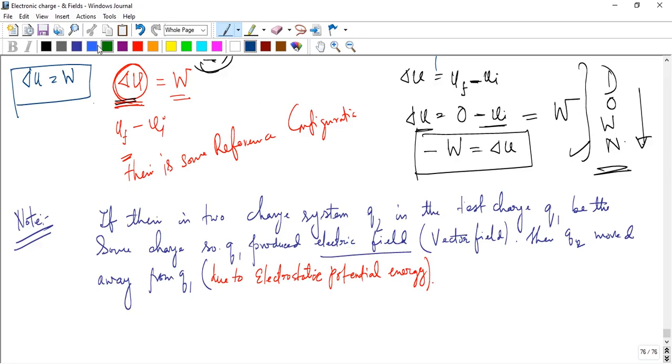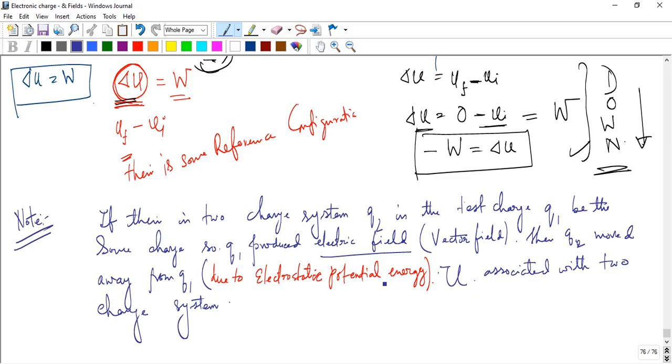Very important. The electrostatic potential energy, and this energy U is associated with the two charge system. Okay. So U, obviously energy, is a scalar quantity.